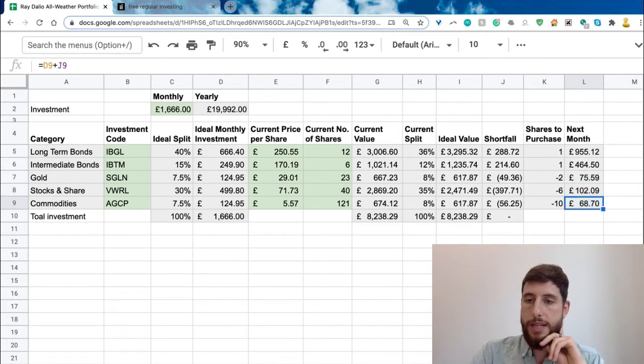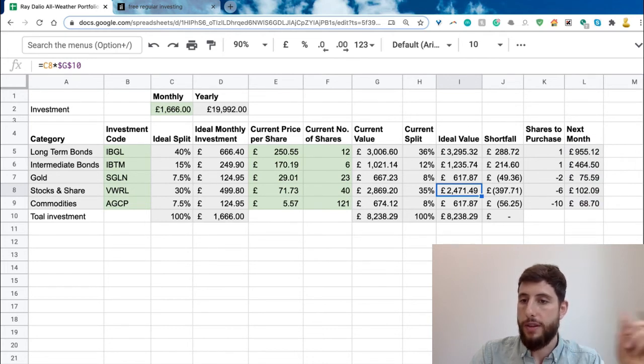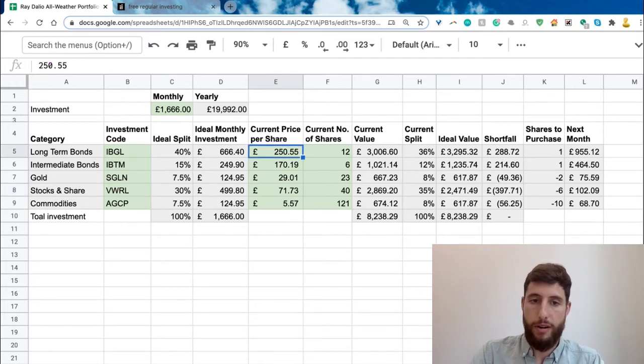It can vary. Now, it's not going to be exactly balanced, and that's because you're doing it by the change in number of shares, and the share amounts are very clunky. Some are very high, which makes it very difficult to invest in because it has to be multiples of this, £250.